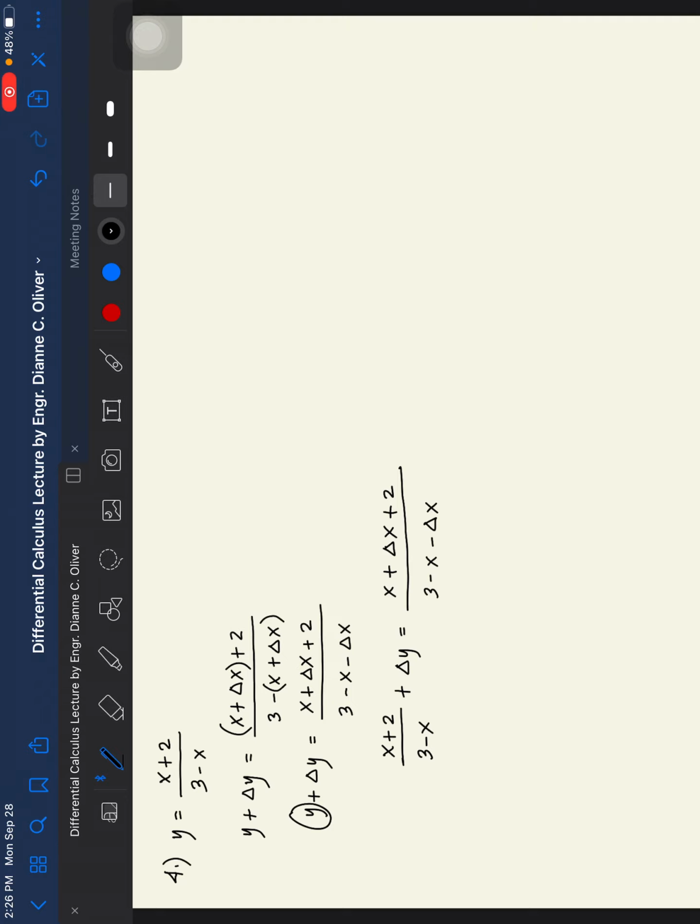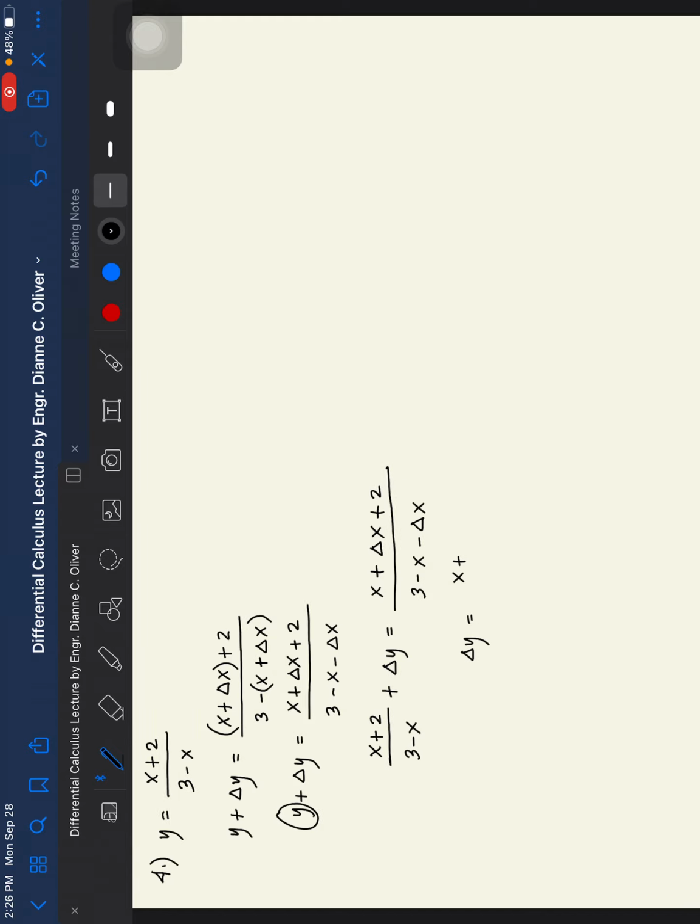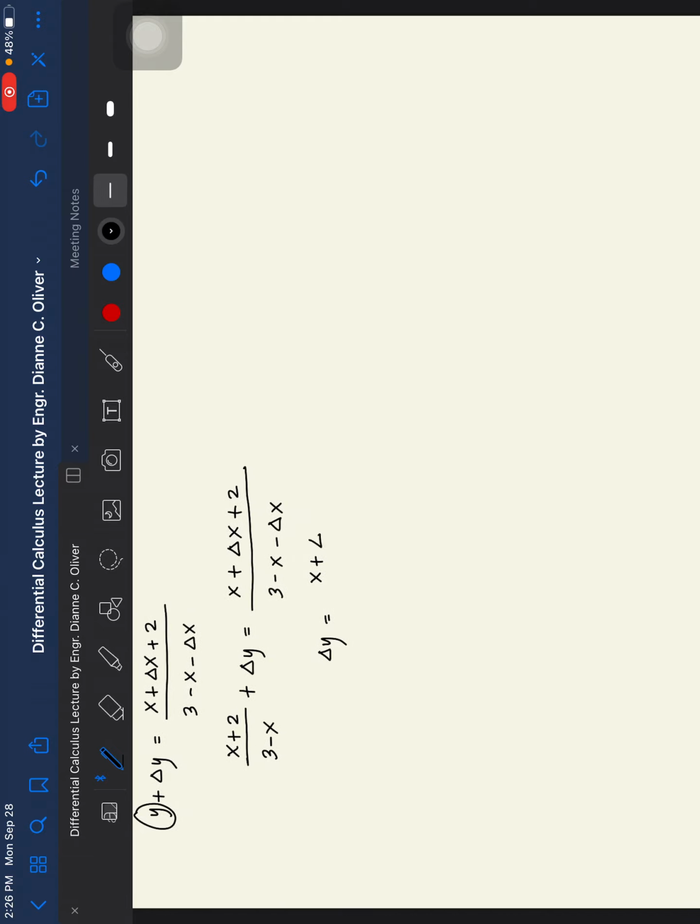So here we put this fraction to the right side of the equation. What's left here is your delta y. So we have (x plus delta x plus 2) over (3 minus x minus delta x) minus (x plus 2) over (3 minus x).